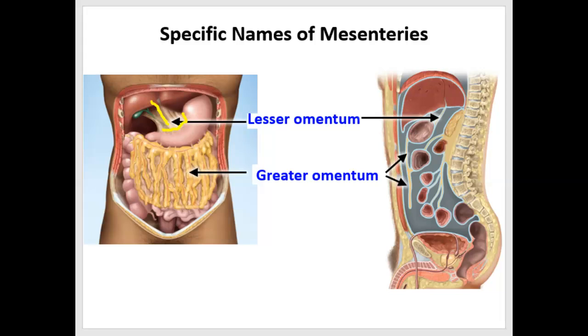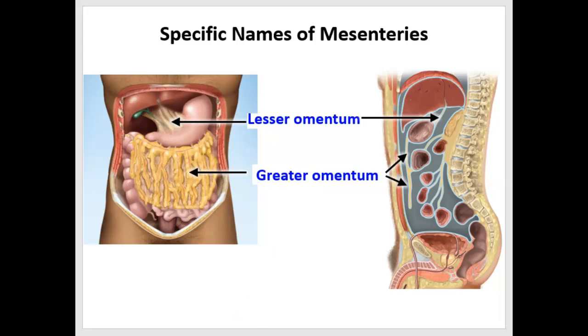The greater omentum is like an apron hanging down from the inferior margin of the stomach. It covers the small intestine. This is a site for fat deposition as well.